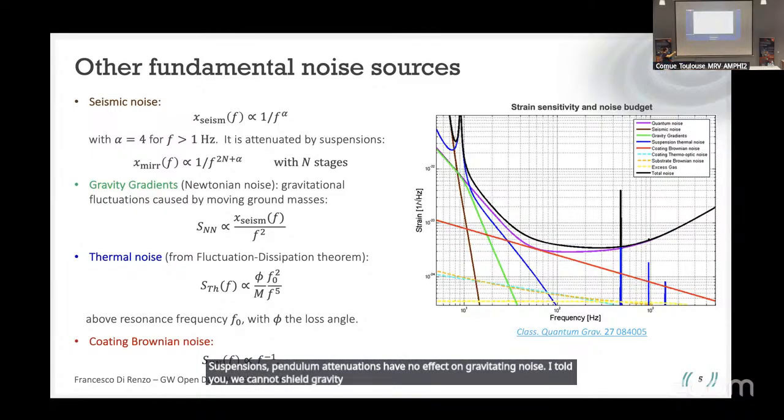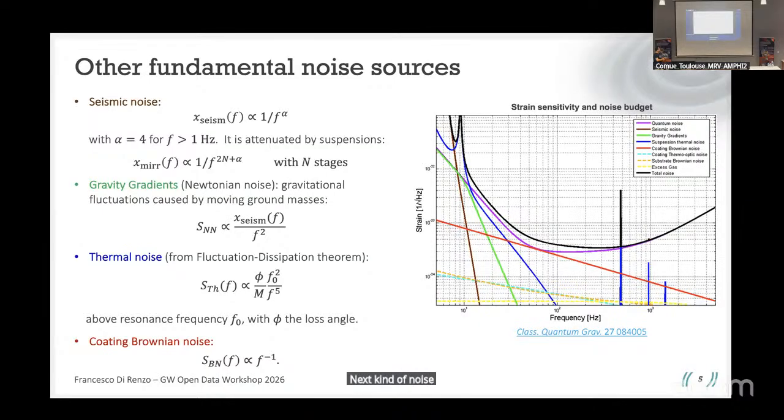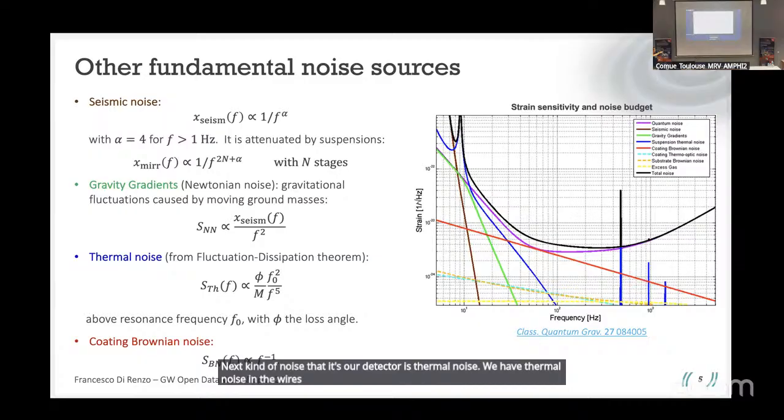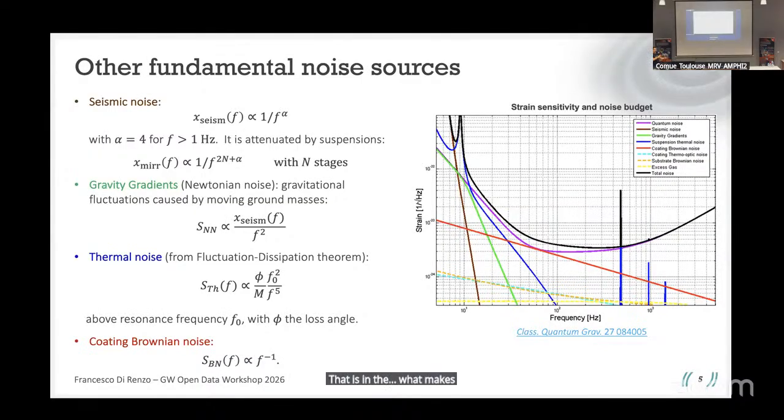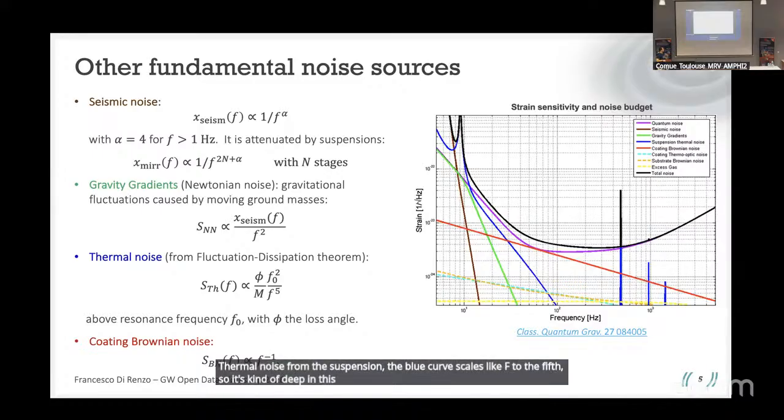The next kind of noise in our detector is thermal noise. We have thermal noise in the wires that suspend our mirror, but also in the thin layer of coating of our mirrors, which is what makes our pieces of glass actual mirrors. The thermal noise from the suspension, the blue curve, scales like f to the fifth, so it's kind of deep in this plot of the sensitivity curve and the noise budget.